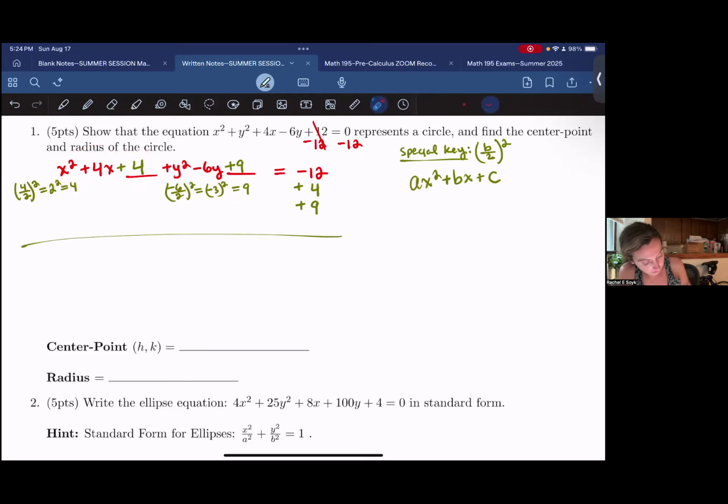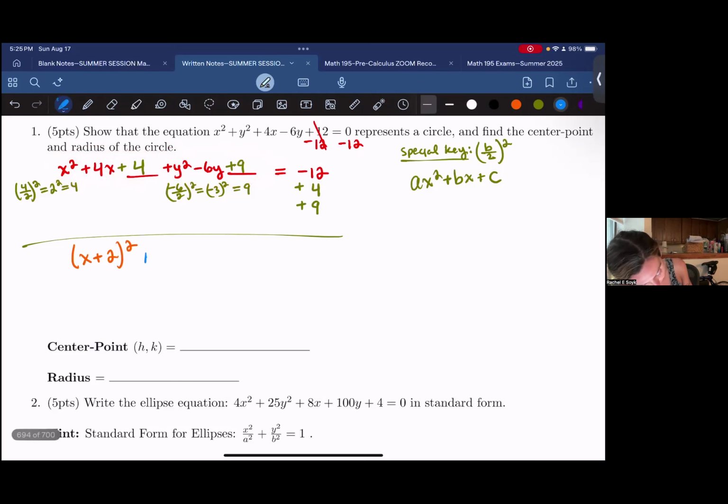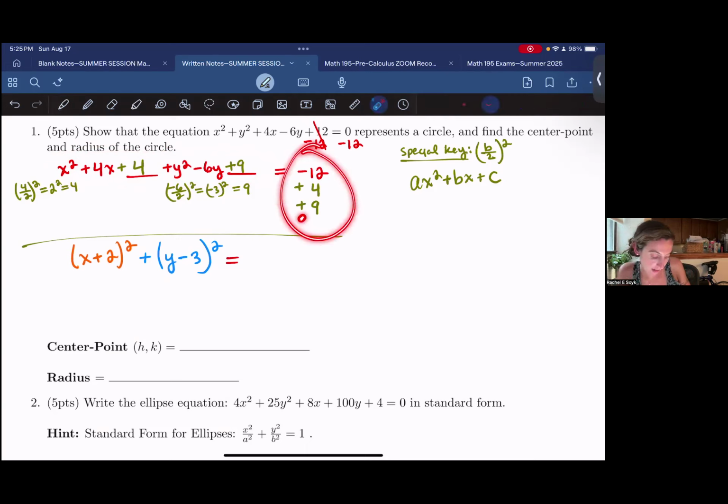X squared plus 4x plus 4 is the same as just x plus 2 in parentheses squared. And then y squared minus 6y plus 9 is the same as y minus 3 in parentheses squared. And then let's add up what we have on this right-hand side. 4 plus 9 is 13, and 13 minus 12 is 1.